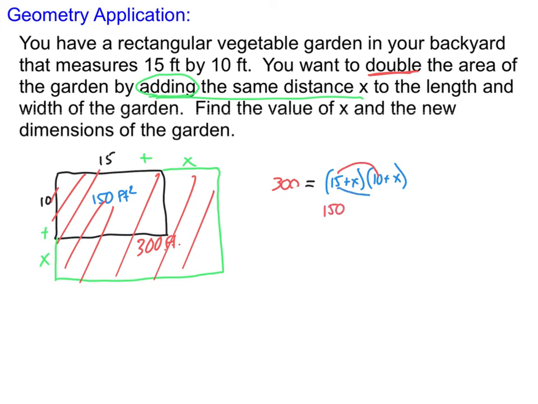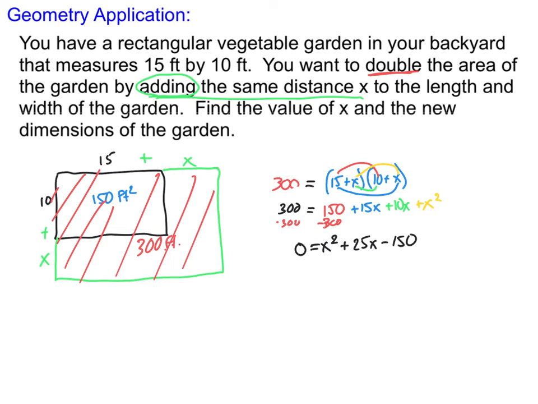I do 15 times x, so plus 15x. I would then do x by 10, so plus 10x. And then lastly is x times x, so plus x squared. And that equals 300. Now I can subtract off the 300. And then I would get 0 equals x squared plus 25x minus 150.